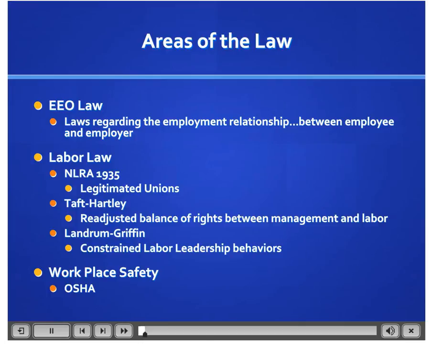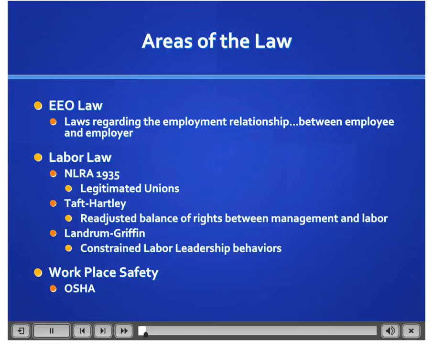Union membership can't be used as a screening tool for a job in a particular company that is unionized. So anybody could join as long as they're willing to join the union later. So you can imagine, even though that seems like a subtle difference, there's a really big difference between saying you have to be a union member before I'll even look at you, versus I'll look at anybody for the job as long as they're willing to join the union later. And so they started to establish some of those boundary conditions.